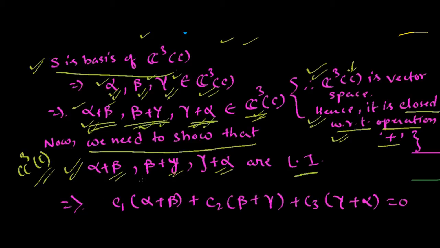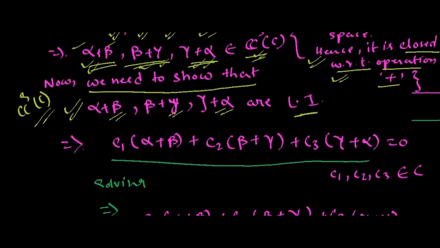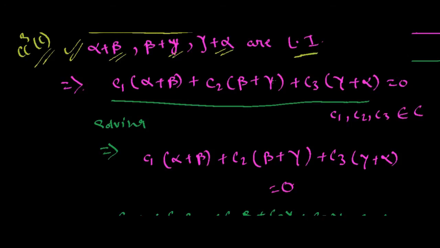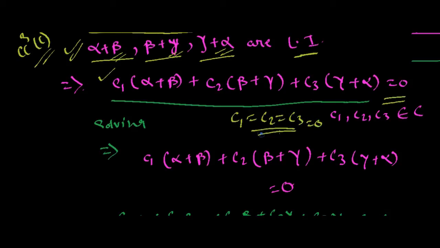To show that these 3 vectors are linearly independent, we need to show that the equation C1 into (alpha plus beta) plus C2 into (beta plus gamma) plus C3 into (gamma plus alpha) equals 0 only when C1 equals C2 equals C3 equals 0. And these C1, C2 and C3 are elements from the field C. Right? So let's solve it.